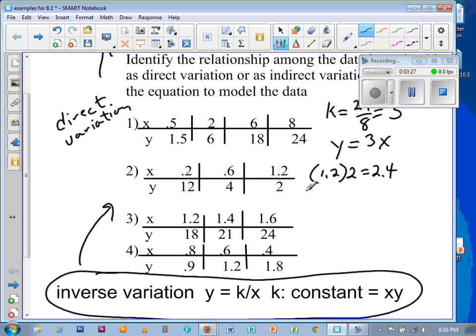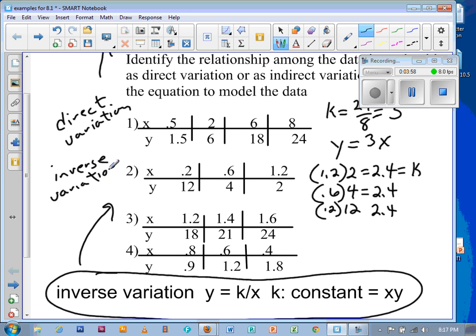If I take 0.6 times 4, that would be 2.4. As you can see, 0.2 times 12 is 2.4. This is a constant, and since we're going up with the x's and down with the y's, we say it has inverse variation.